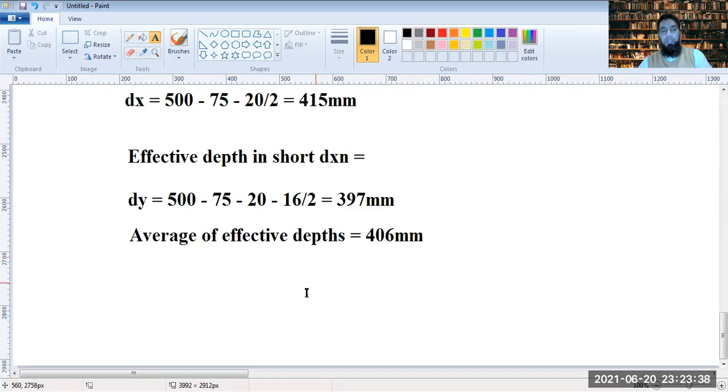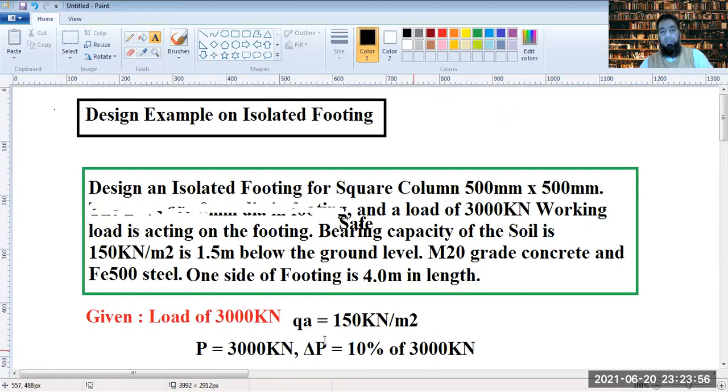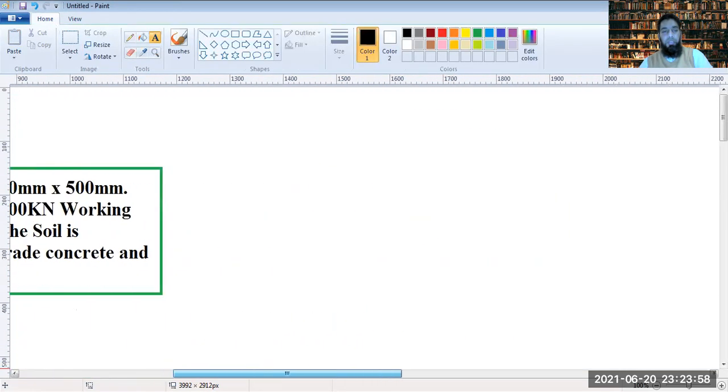What is the condition of the one-way shear? First of all, in a one-way shear, one needs to check the one-way shear at a distance of d from the face of the column. Now, what is d from the face of the column?